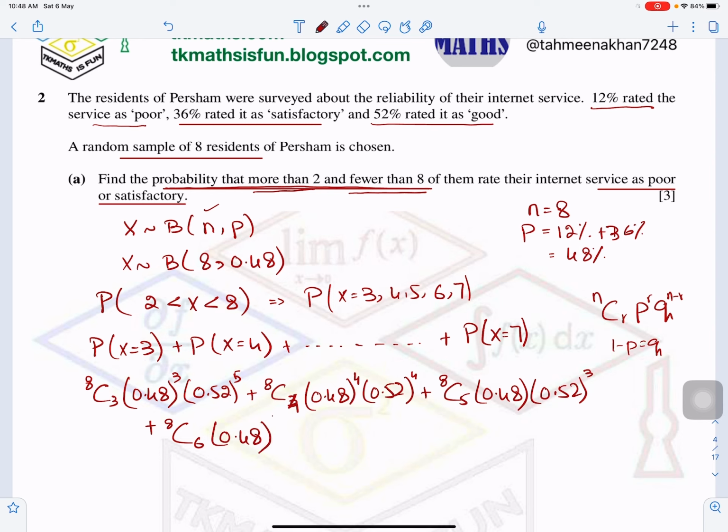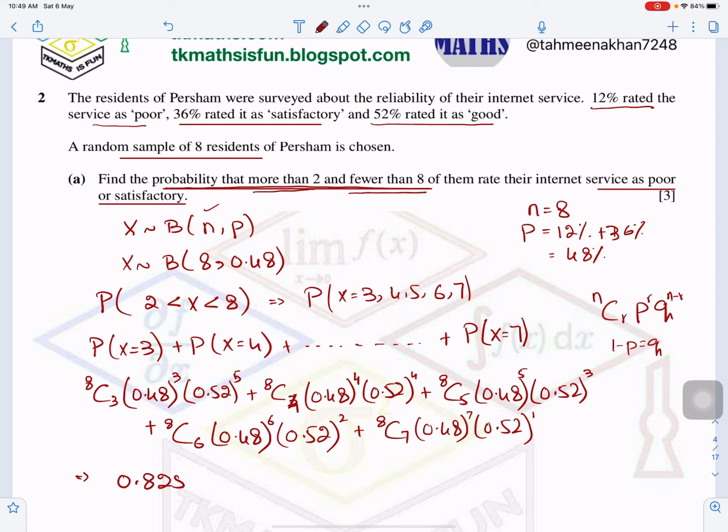I forgot to write power 4 here, okay. 8 minus 6 is 2, then 8C7, 0.48 power 7 and 0.52 power 1. Now we have all the terms, and now use the calculator very carefully, and the answer will be 0.825.